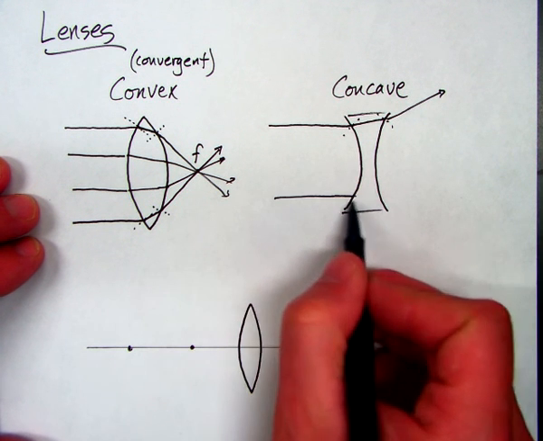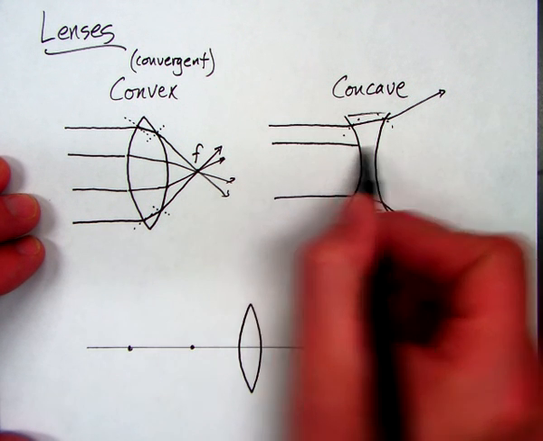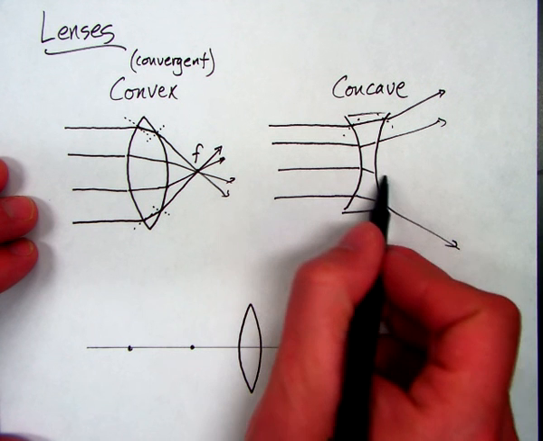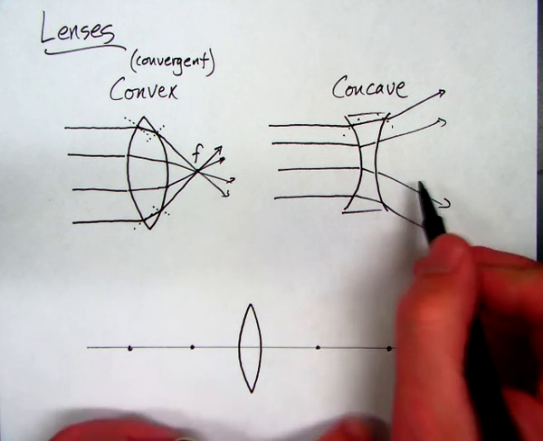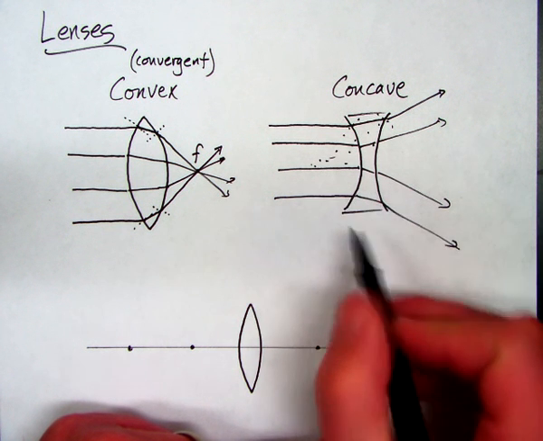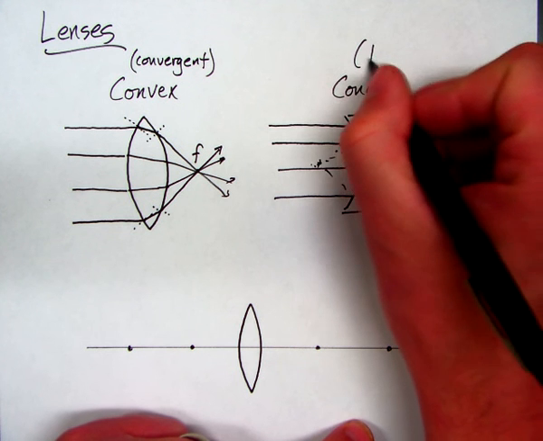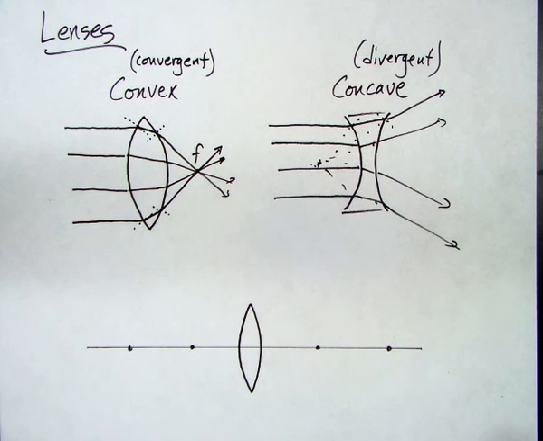And in this concave lens, my parallel rays of light would emerge on the other side, not coming together, but in fact there would be a negative focal length over here somewhere back here. This is called a divergent optical device. Just like a convex mirror, a concave lens causes light rays to diverge.